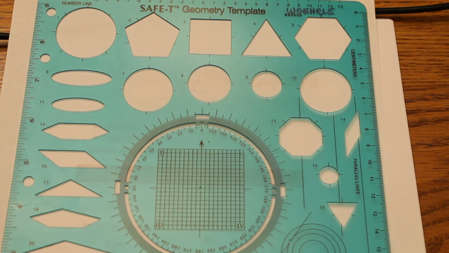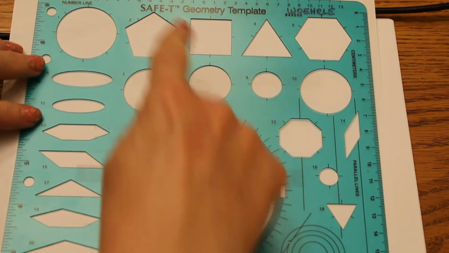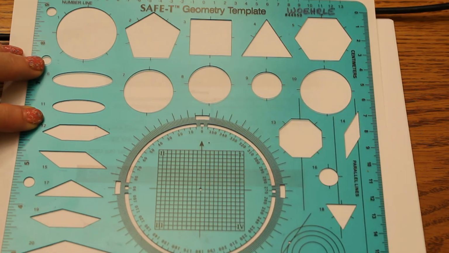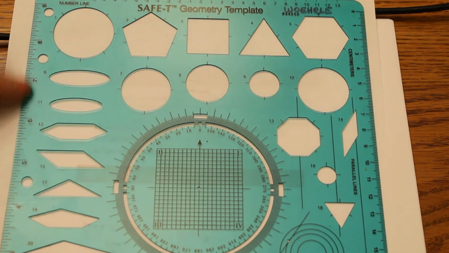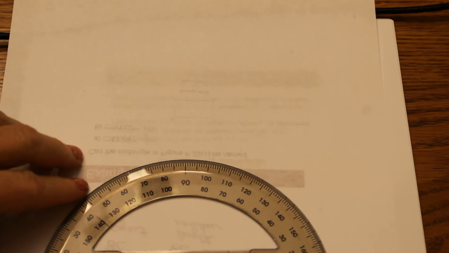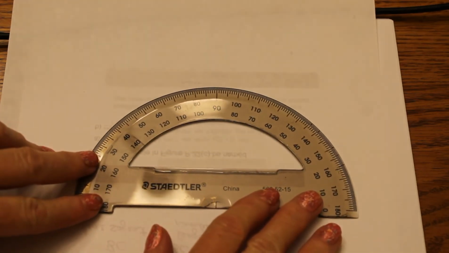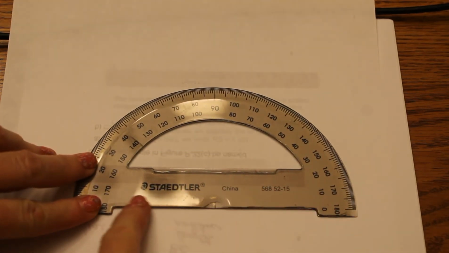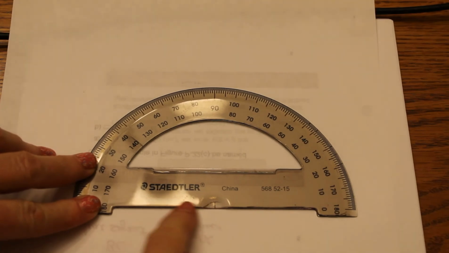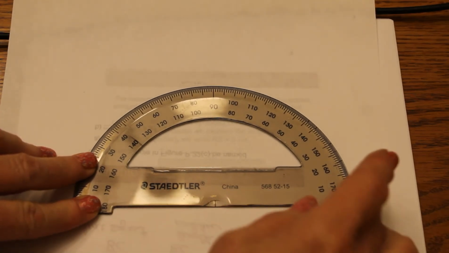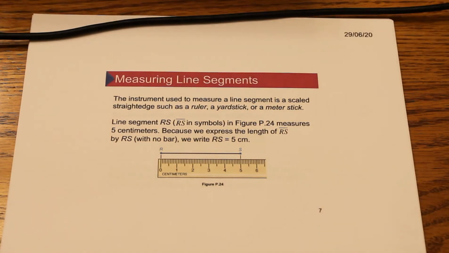I know the ECC bookstore sold it, but there are different rulers along the edges of this template as well. But you're going to need some sort of measuring device. And when it comes to measuring angles, we're going to use a protractor. Many protractors will have a ruler down along the bottom part. It's up to you to find out what you've got.